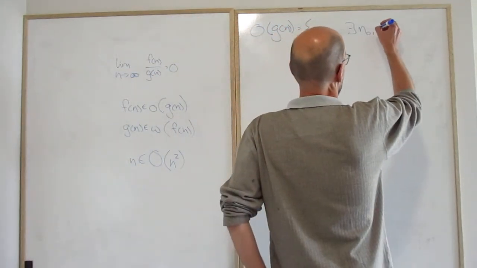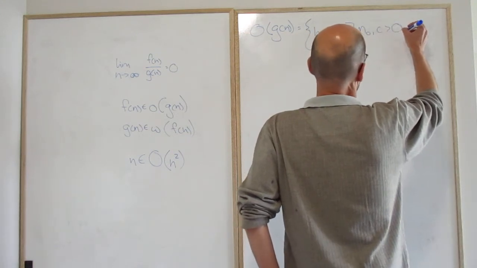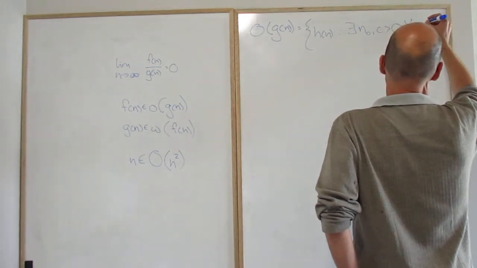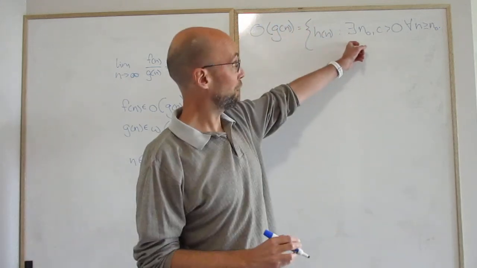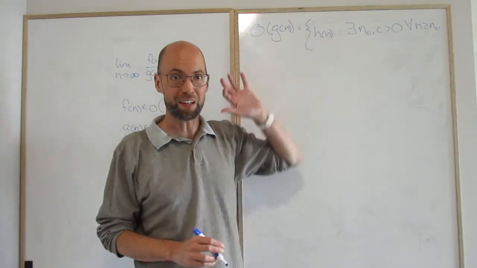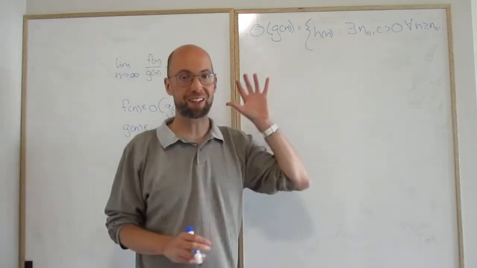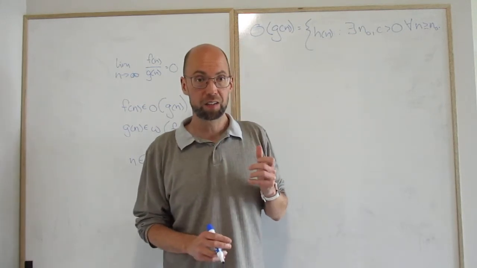So there exists an n0 and a constant c greater than 0, such that for all n greater than or equal to n0. This backwards E means there exists, or in this case, there exist, since there are two things. This upside down A means for all.